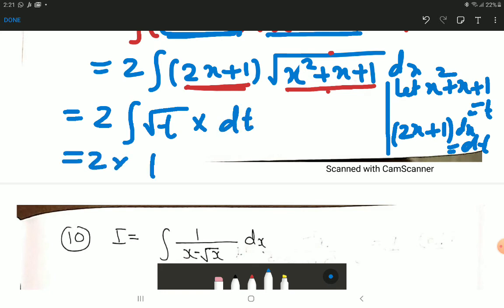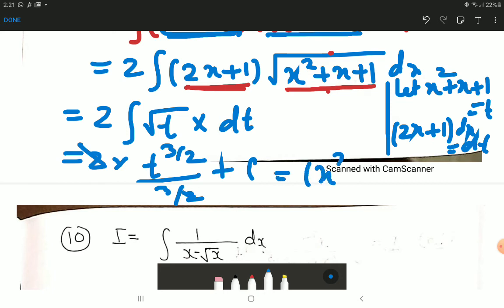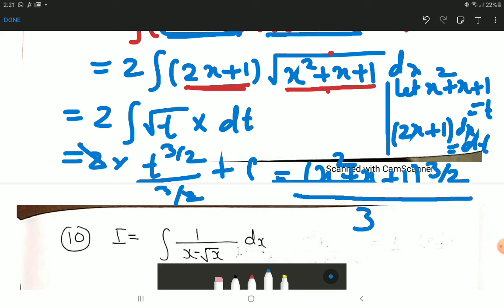Integration of root t will be t raised to power half plus 1, that is 3 by 2, upon 3 by 2, plus c. This 2 is cancelled and then you can feed the value of t. T was x square plus x plus 1. So it becomes x square plus x plus 1 whole power 3 by 2 upon 3 is left, plus c. So very easily done.